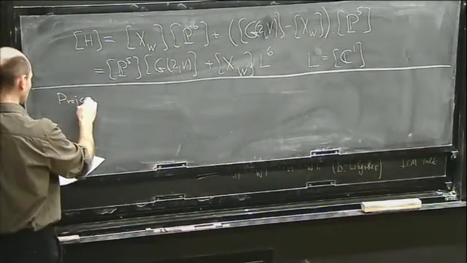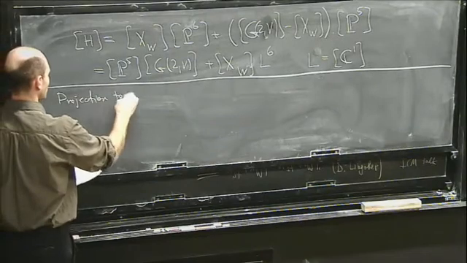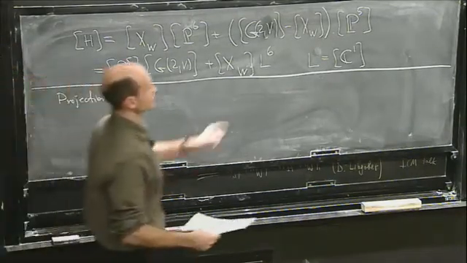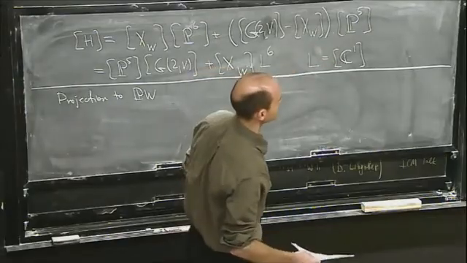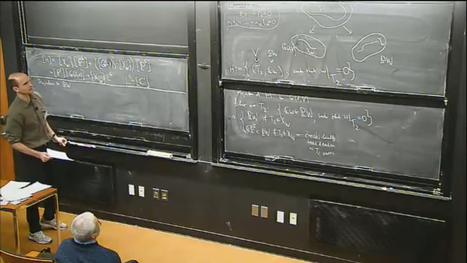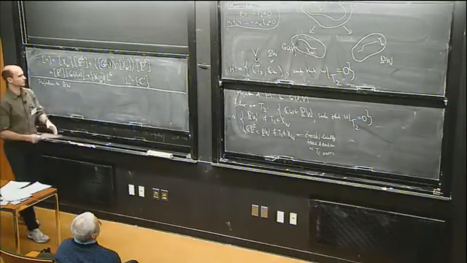More interesting is what happens when you do projection to PW. So I have my definition of the Cayley hypersurface over there. So let me think what happens as I look at the fibers projecting onto PW.